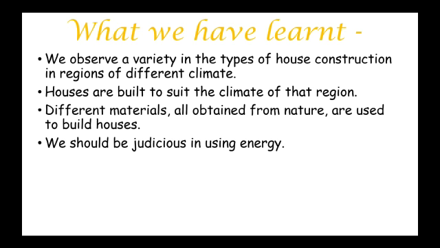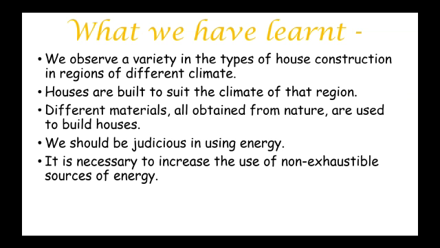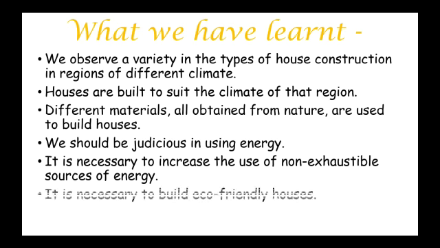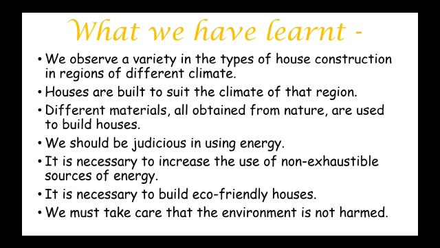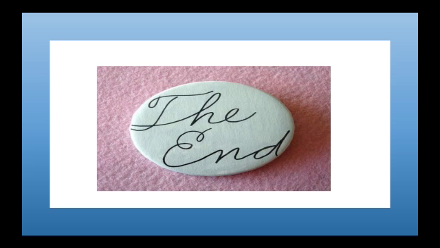We should be judicious in using any energy. It is necessary to increase the use of non-exhaustible sources of energy. It is necessary to build eco-friendly houses. We must take care that the environment is not harmed. Here we come to the end of the explanation of the chapter.